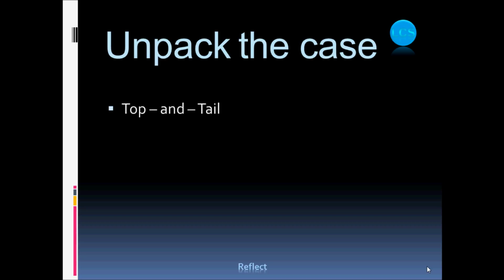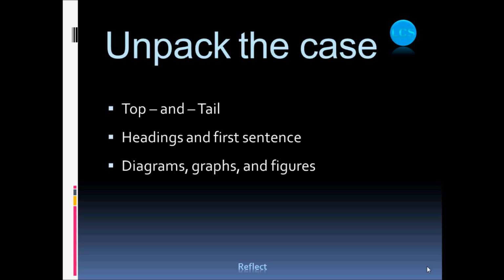The first of these is the top and tail. We read the introduction and the conclusion, and that gives us a very broad overview of the case. The next step is to get a little closer by reading the headings and the first sentence of each paragraph. And while doing that, we look at the diagrams, graphs, and figures. We all know that a picture paints 1,000 words.